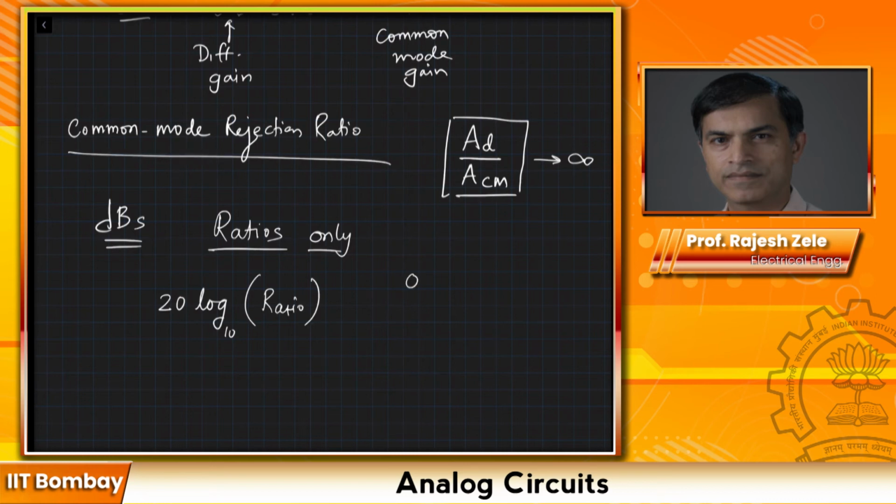So what does 0 dB mean? This means this ratio is equal to 1. And if this ratio is equal to 10, then log of 10 to the base 10 would be equal to 1, so this would be 20 dB. So the ratio of 1 gives 0 dB, ratio of 10 gives 20 dB, ratio of 100 would give you 40 dB.